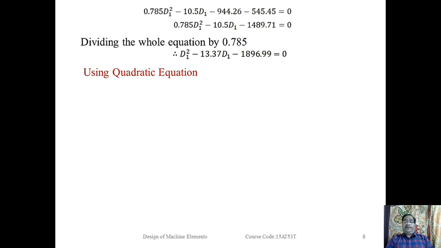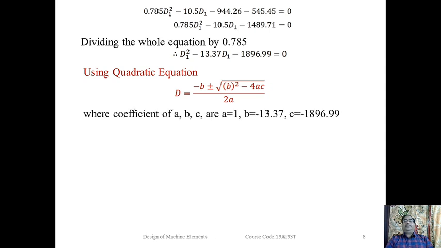So using the quadratic equation, capital D is equal to minus B plus or minus under the square root of B square minus 4AC, whole divided by 2 into A, where small a, B and C are the coefficients of the equation. Here A is equal to 1, B is equal to minus 13.37 and C is equal to minus 1896.99.